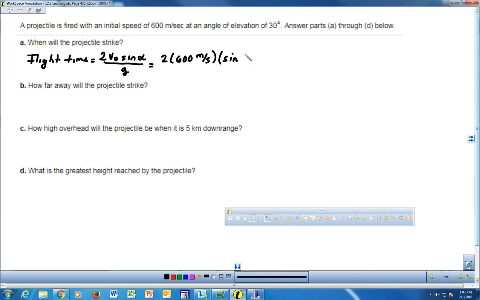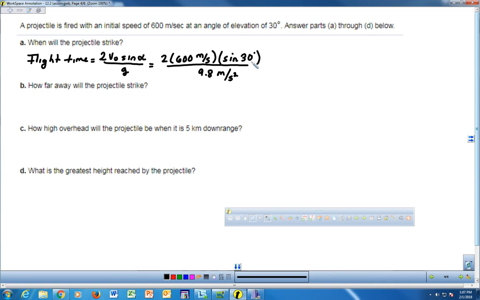It was shot at an angle of 30 degrees with the horizontal. Over the gravity. The gravity in meters per second squared is always 9.8. If you have gravity in feet per second squared, that would be 32.